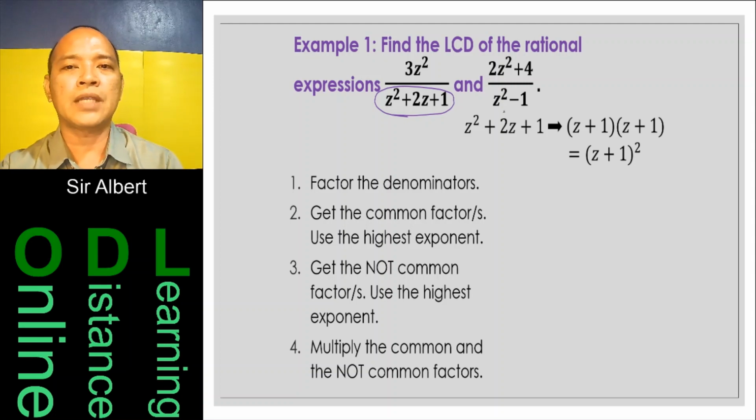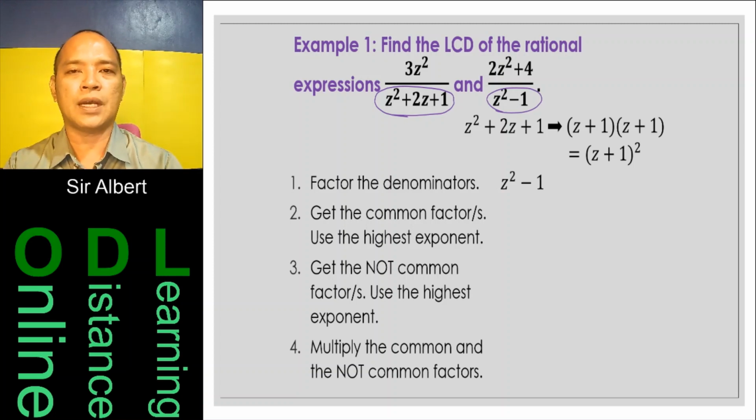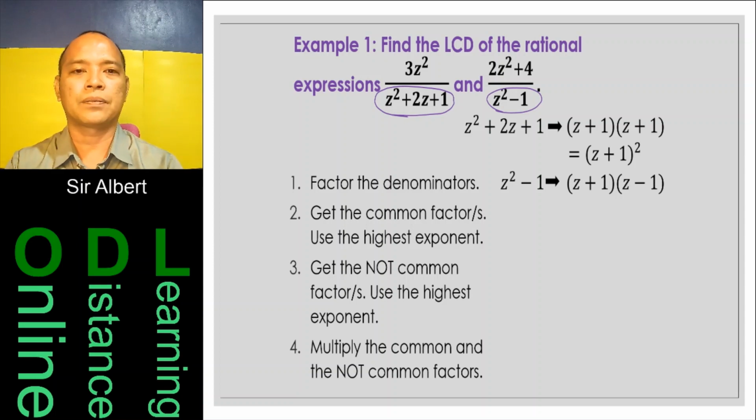Taking a look at the second denominator now, z squared minus 1, we factor this using the difference of two squares technique. So z squared minus 1 can be factored as z plus 1 times z minus 1.